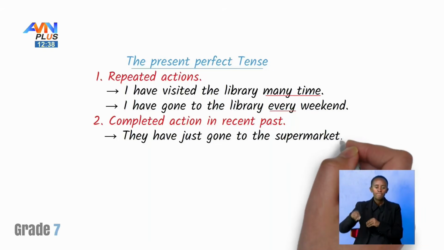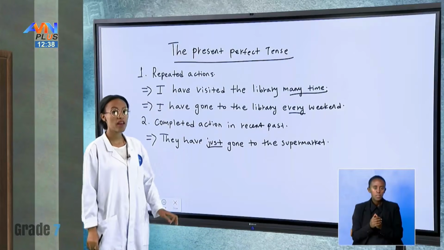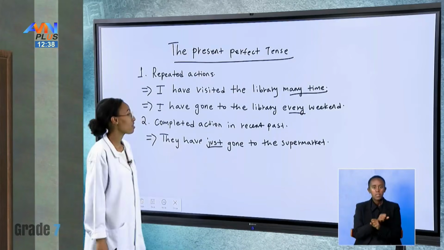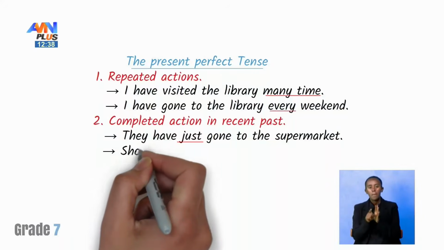This is showing us what? This action just recently happened. So if that is the case, it is an action completed in the recent past. And what other examples can we give?